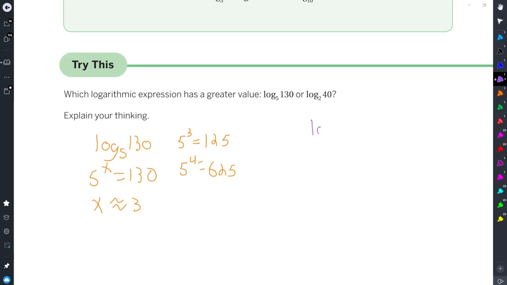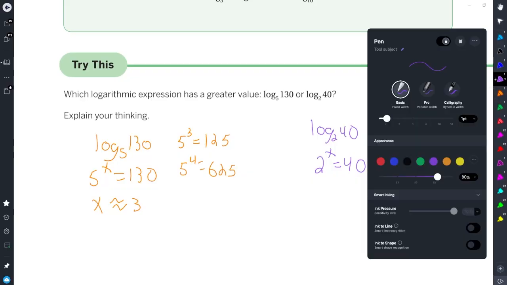Then log base 2 of 40, that's 2 to what power equals 40? Well, 2 to the fifth power, 2 times 2 times 2 times 2, 5 times, is going to be 32. 2 to the sixth power is 64.